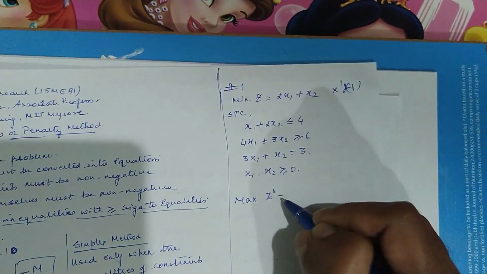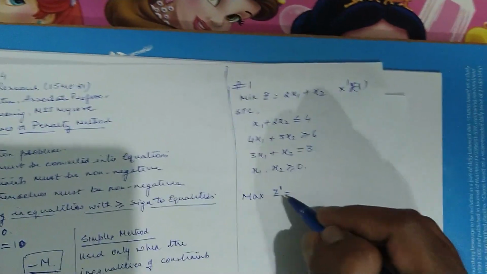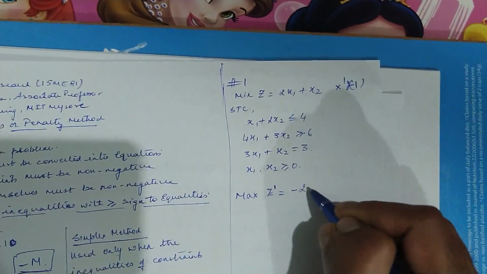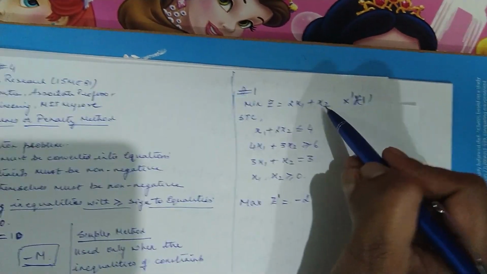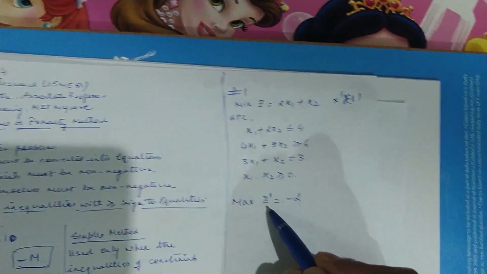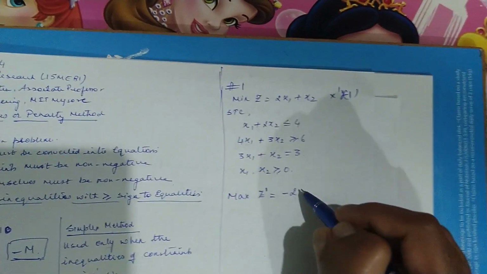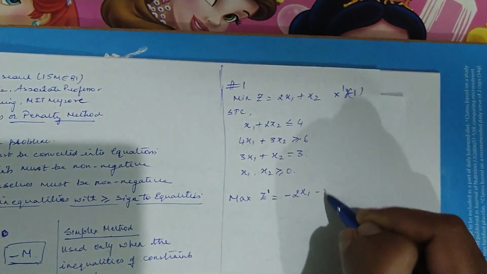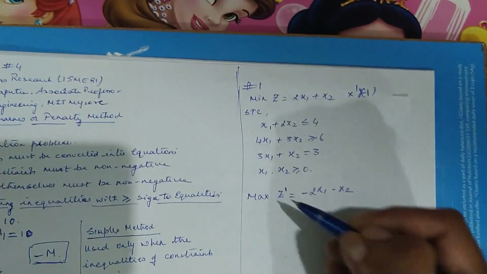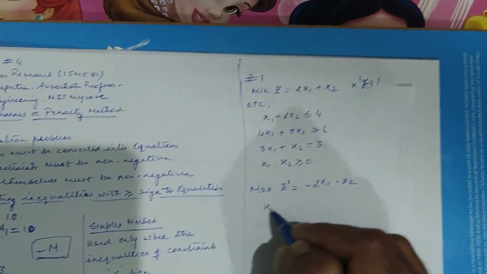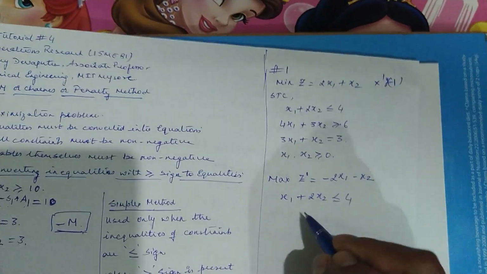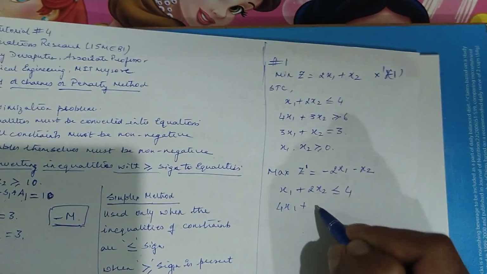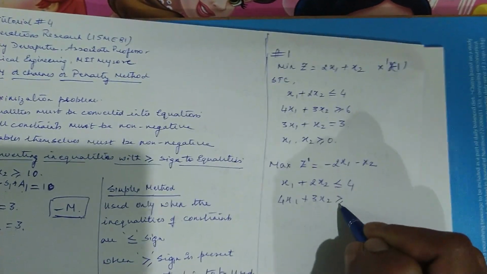I'm going to introduce a dash here for the objective function, z dash. So minimization of z equals 2x1 plus x2 will become maximize z dash, which is equal to minus 2x1 minus x2. Let me write the constraints as they are. x1 plus 2x2 is less than or equal to 4. 4x1 plus 3x2 is greater than or equal to 6.